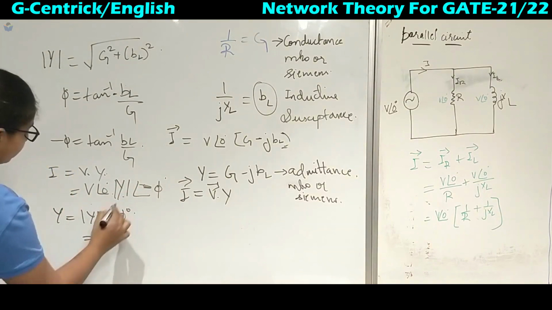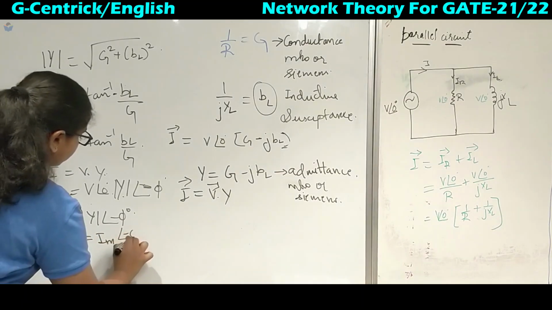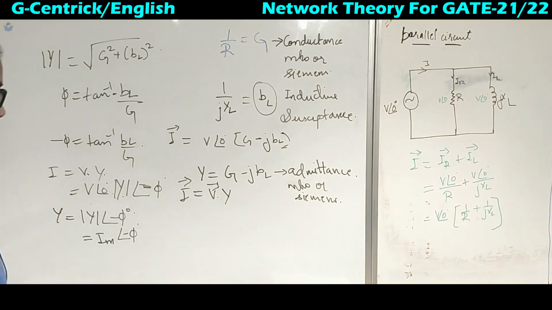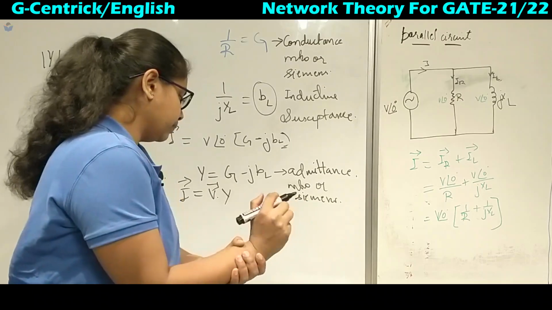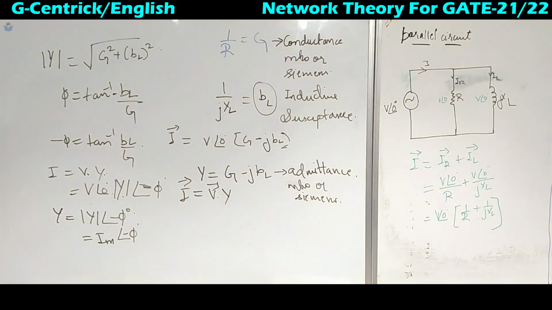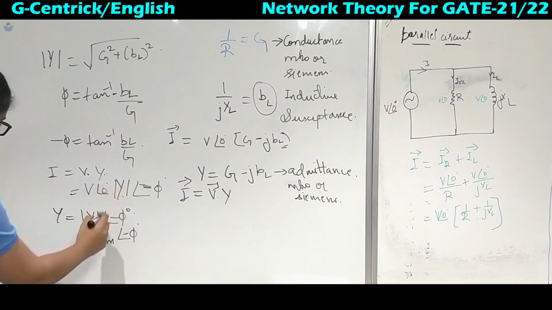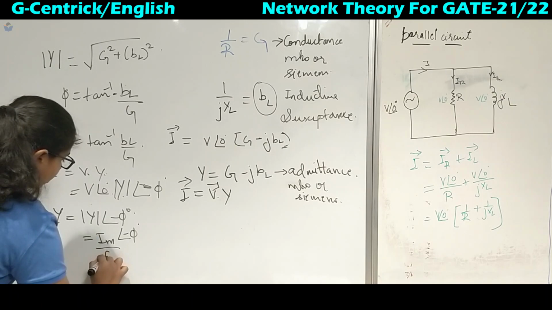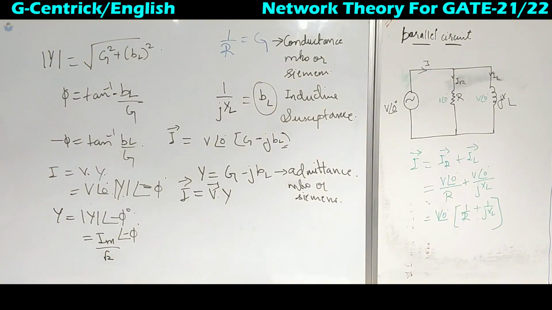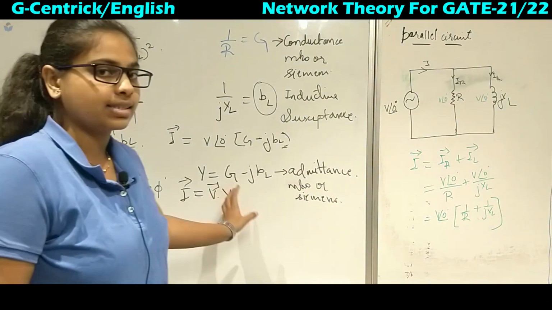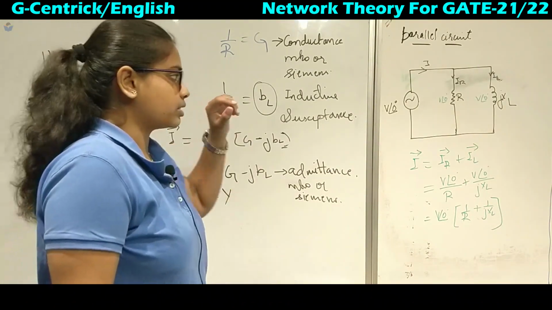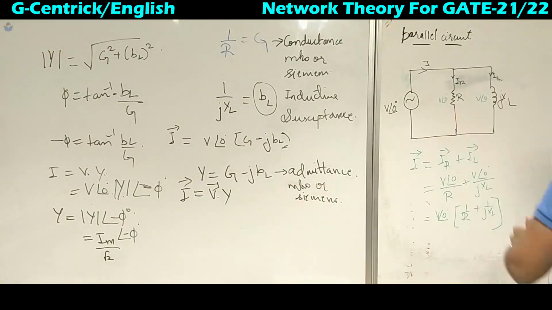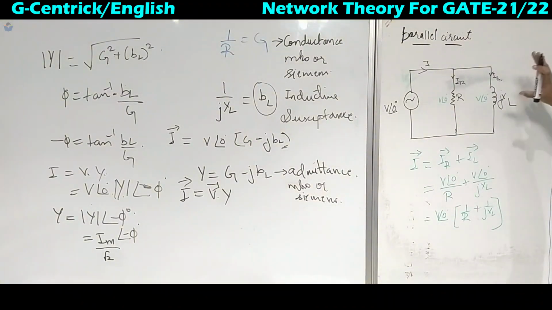This is V into Y, and the maximum current is Im; RMS value is divided by root 2. Now you can see this is minus phi. What does minus indicate? The current is lagging V by 90 degrees. In an inductive circuit we know that the current lags by 90 degrees with respect to V.